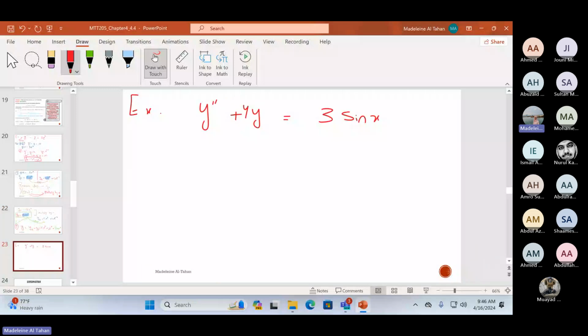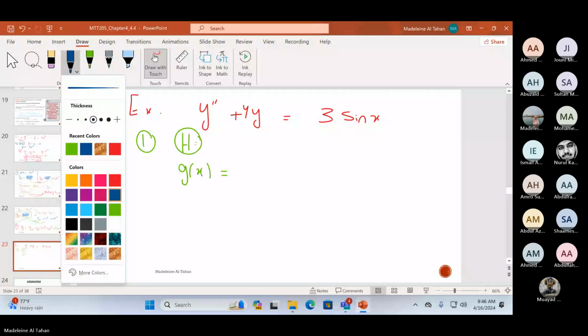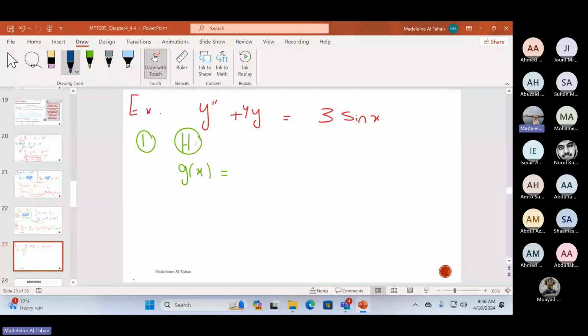So the first step is identify your homogeneous equation and identify your g of x. Please start with it. Would you like to assign you groups to solve this one?